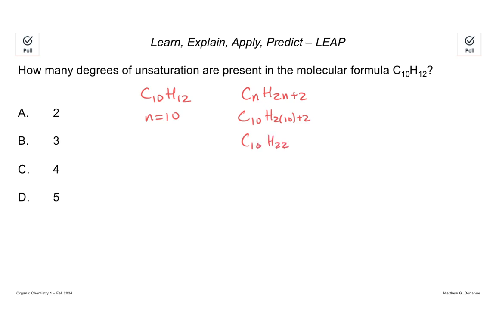So when we plug that 10 into the alkane formula, we get C10H22. So we just subtract the numbers. That gets us 10. We divide by an equivalent of H2. So that gets us 5 degrees of unsaturation.